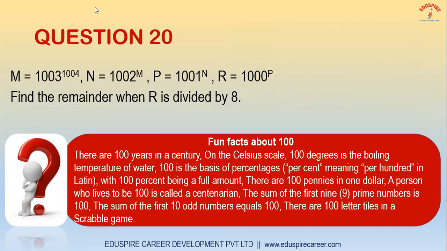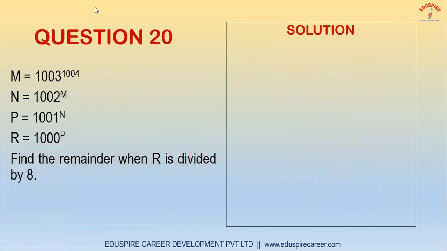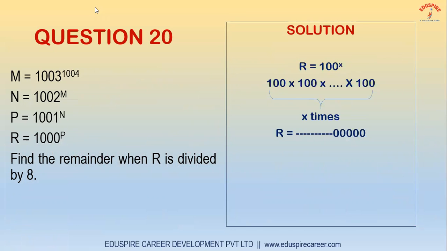Now, a very interesting question in front of us. You see, we are talking about a large number that looks like a power of 100. Of course, we know it means multiplying 100 by itself x times. Now, what happens if I do that? Don't we get a number with a lot of zeros at the end? Now you see, a number like 1000 is perfectly divisible by 8.